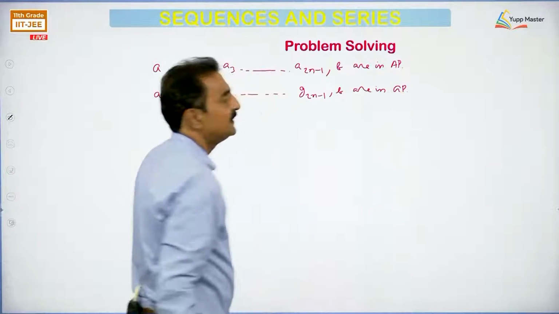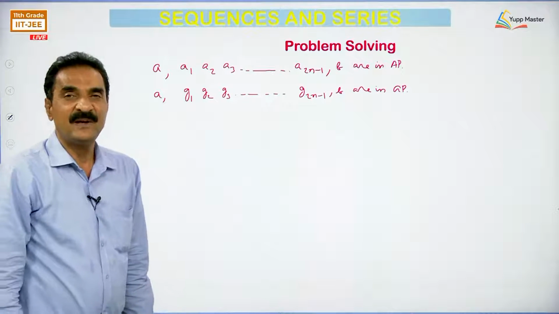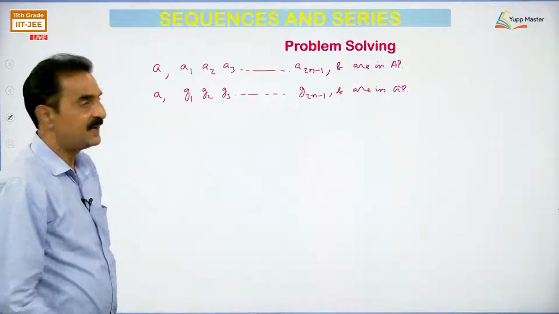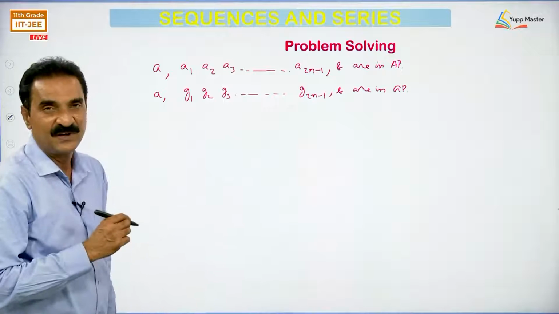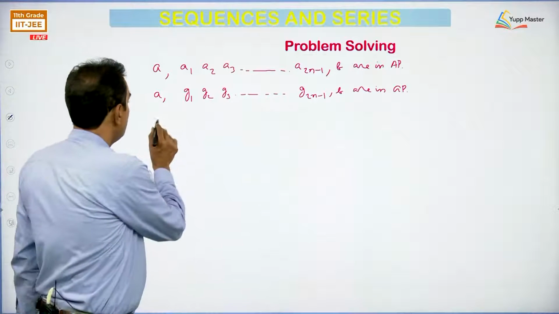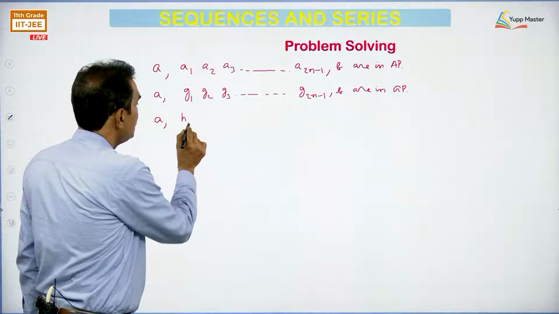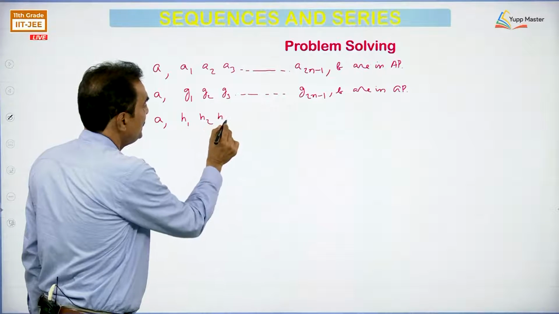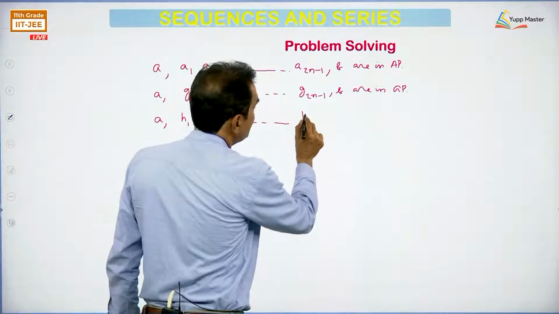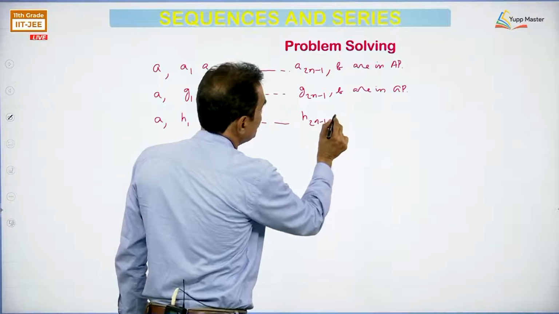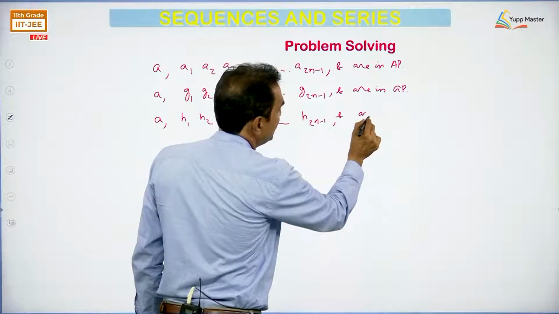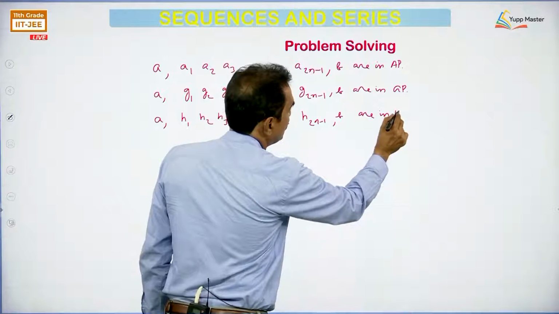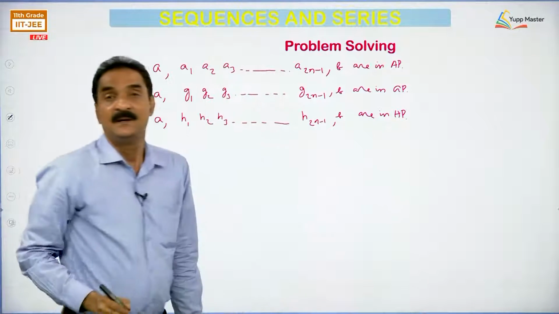Alright. Similarly, 2n minus 1 harmonic means are inserted between A and B. Let us denote them by H1, H2, H3 and so on. A, H1, H2, H3 and so on, H2n minus 1, B are in HP. Alright.